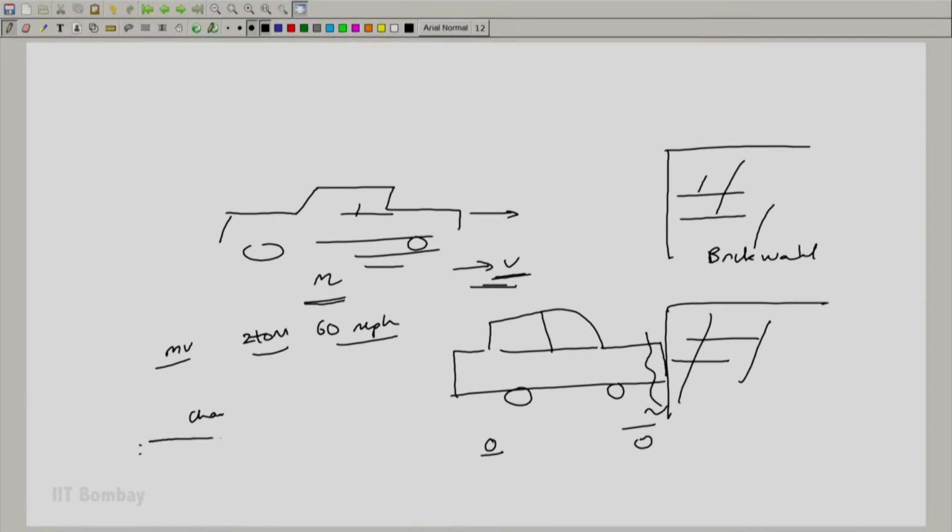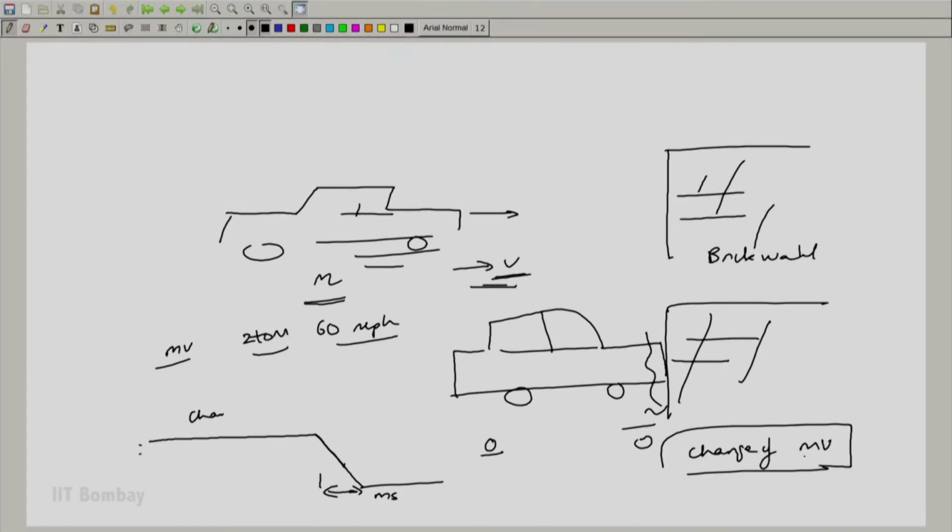The momentum change from this to 0 happens in a very short time, milliseconds, less than that, because you just hit a brick wall. Now if you look at the change of momentum, this would be an impulse. Momentum just went from being so high to 0.